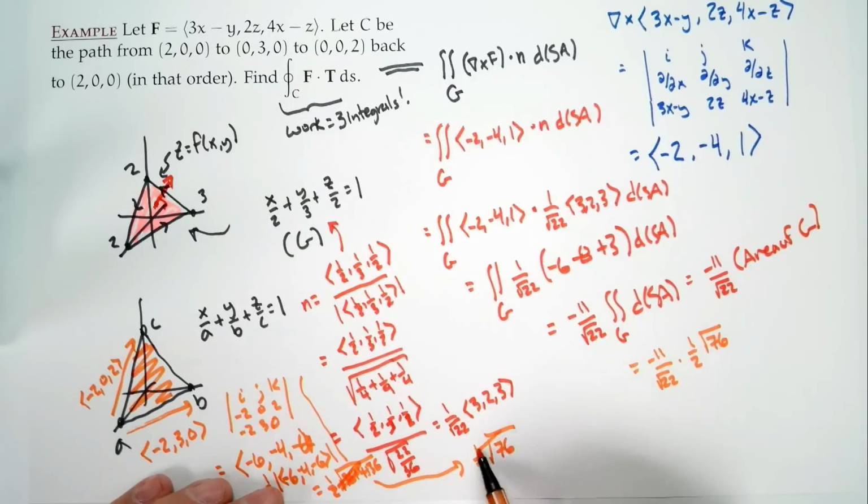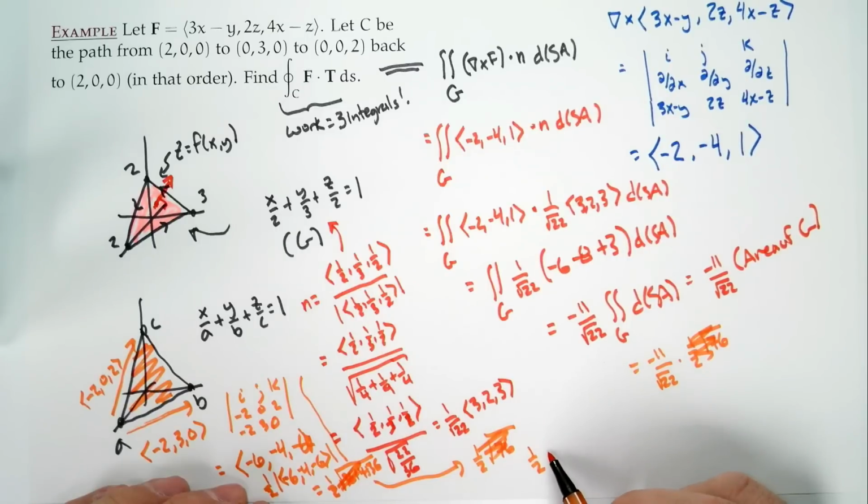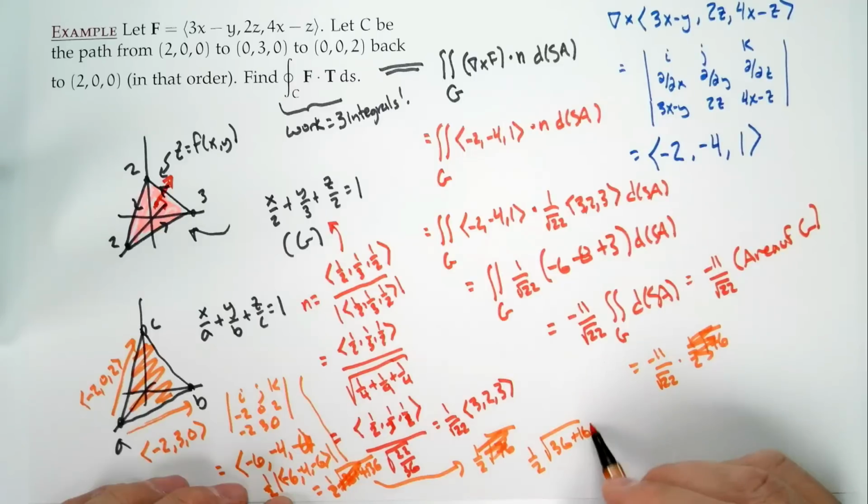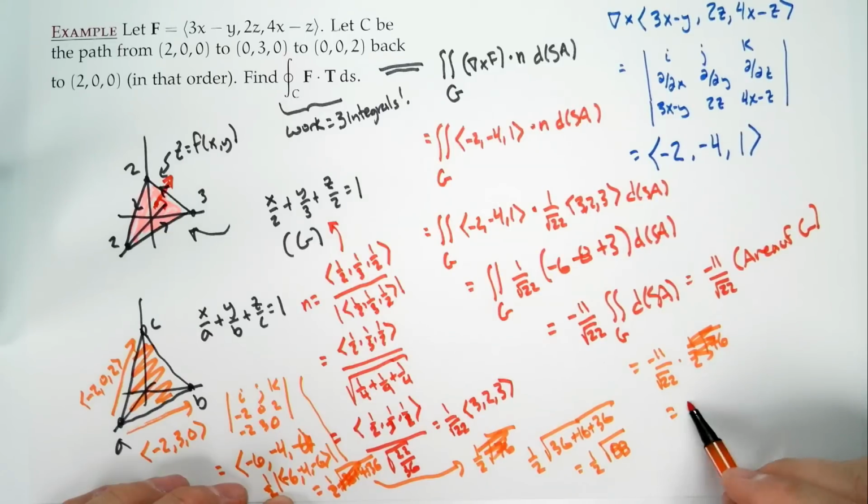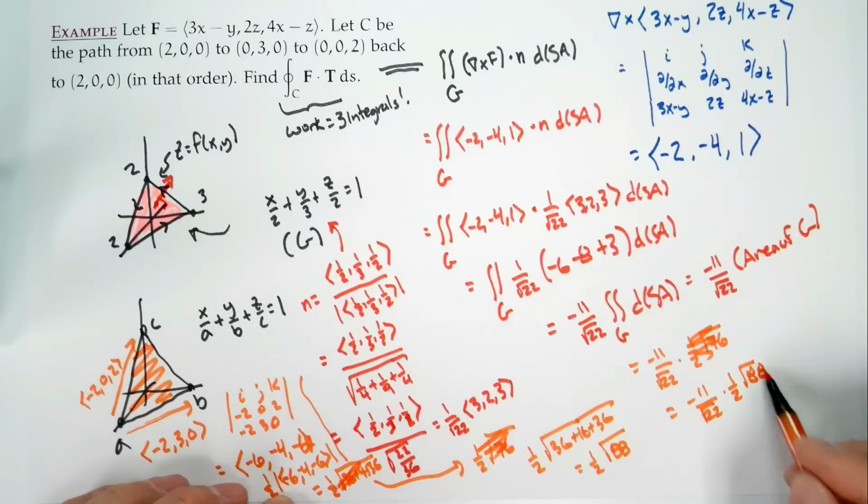Okay, that's what's going on. So magnitude, it's 1/2 of square root of 36. We forgot to square it. 16/36. So that's 1/2 square root of 72 plus 16 is 88. So you get minus 11 over square root of 22 times 1/2 square root of 88. Well, square root of 22, square root of 88, that's square root of 4, which is 2, times 1/2 is 1, negative 11. All right.